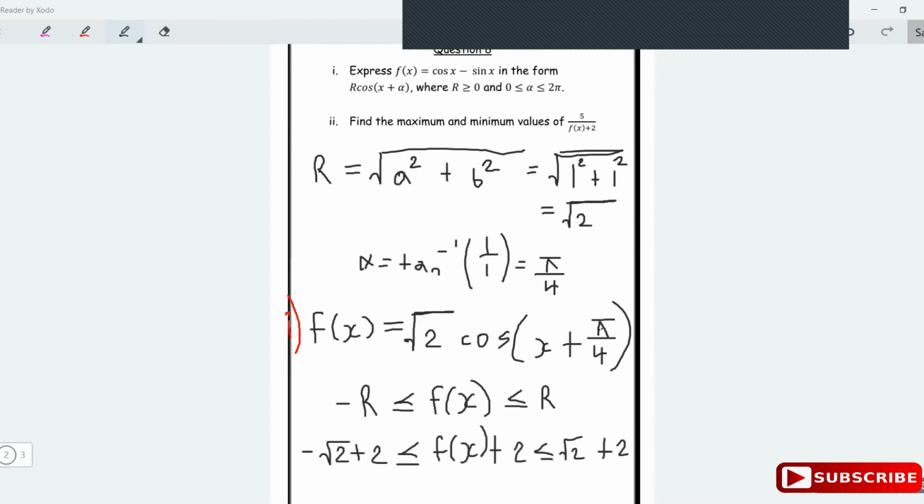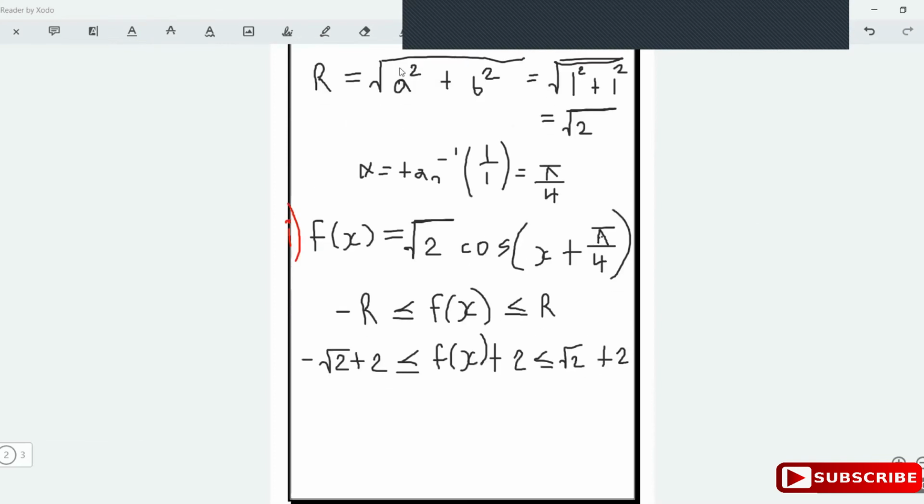Now, the next thing we want to do is take the reciprocal. By taking the reciprocal, 1 over f of x plus 2 is going to be between, and when you take the reciprocal, you flip the sign.